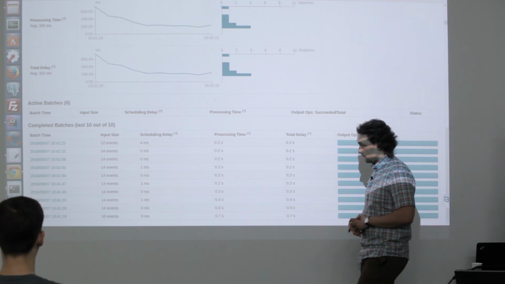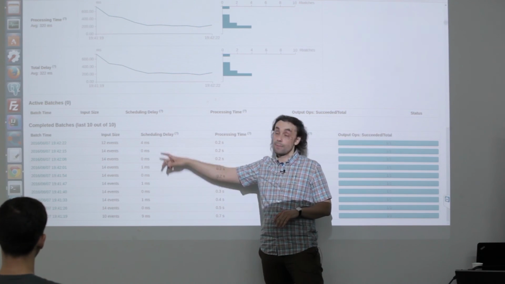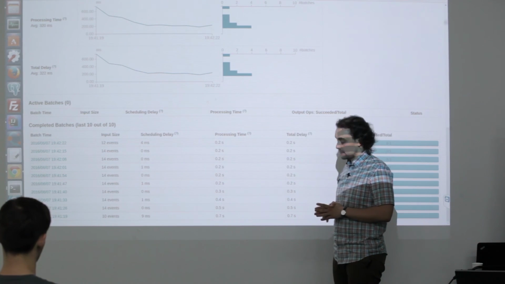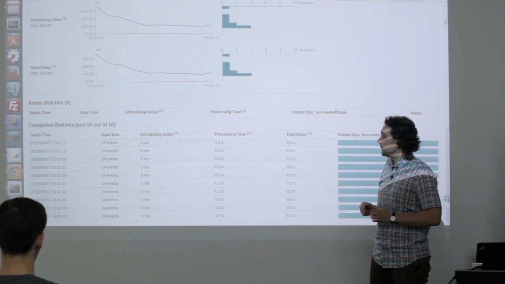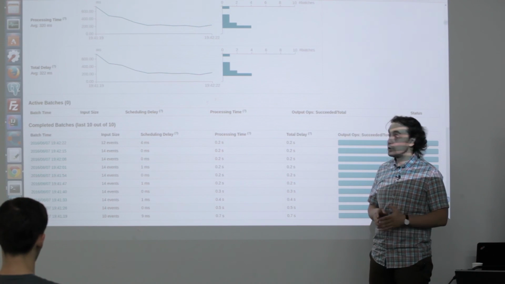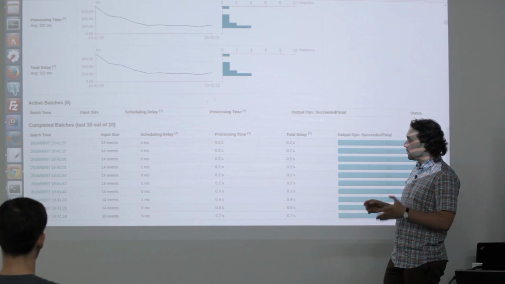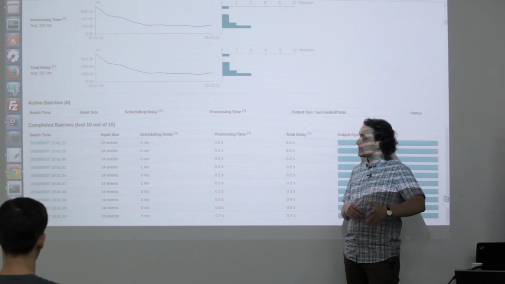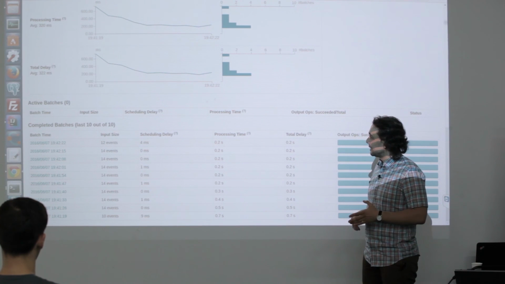It's better if your scheduling delay is near 0 each time, and it's good if the average processing time is not greater than your batch interval. If you see that your scheduling delay or processing time begins to grow, this means that something unusual and unstable happened in your streaming application.